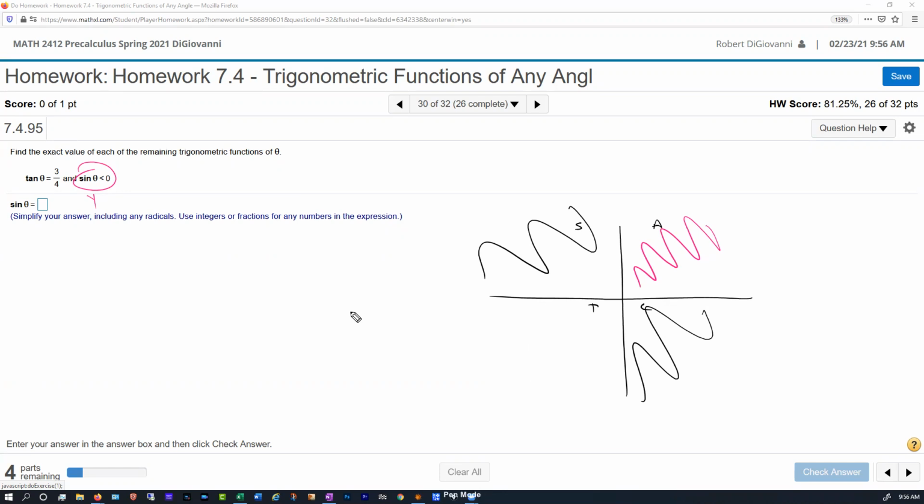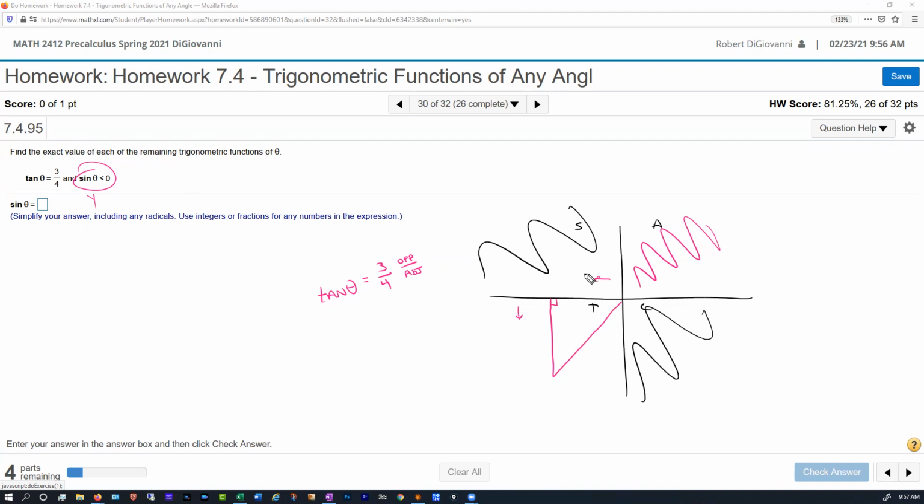Now, tangent of theta being 3/4, this is tricky. This is our opposite over adjacent. But wait a minute, if we draw a triangle like this, our opposite side can't be +3, and our adjacent can't be positive because we have to go down and we have to go left.